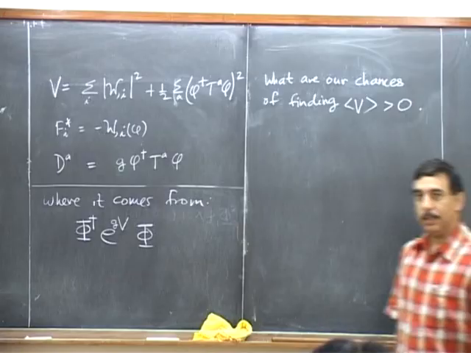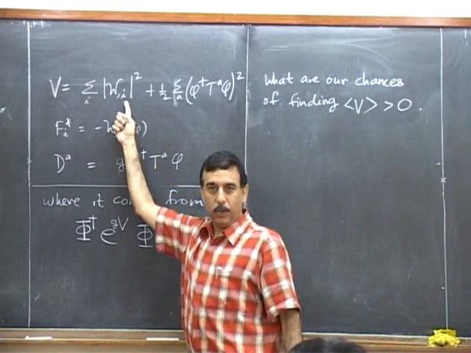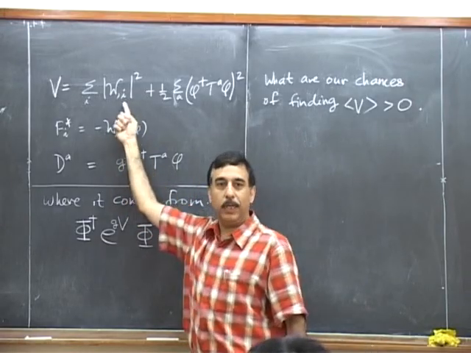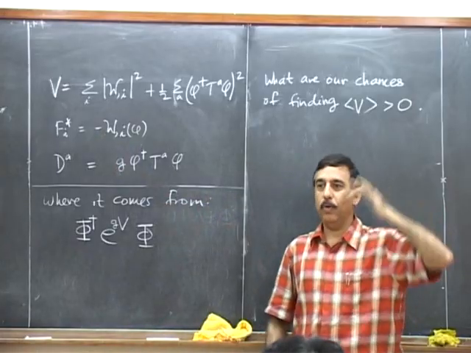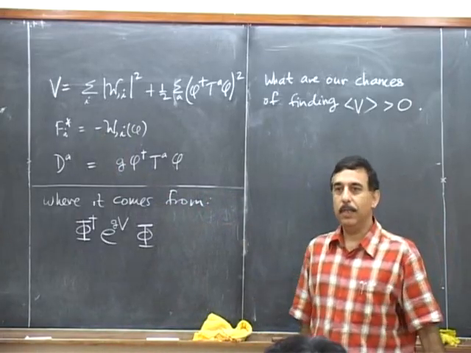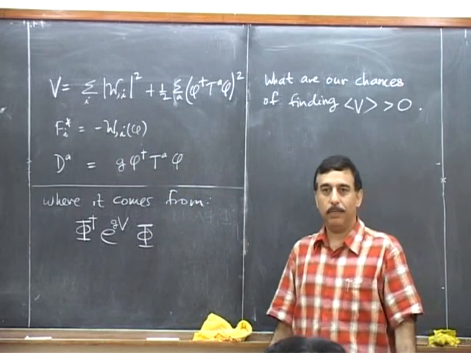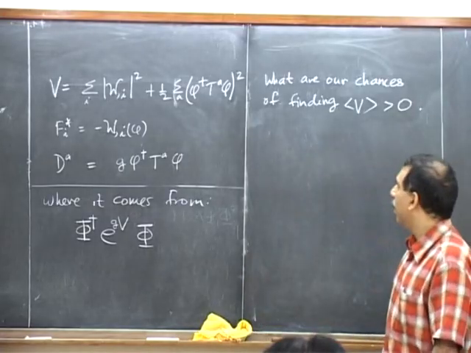Okay, so are they any better than our chances of finding this guy being positive alone? Now actually finding this guy being positive alone we already discussed last time, and we found that sure it can be done by O'Raifeartaigh models and their generalization. The only limitation is it all works fine, but we get a sum rule which is a little unpleasant, that's all. So can we do better or can we avoid having a sum rule?